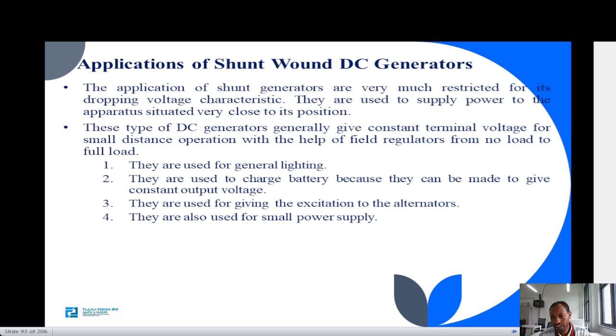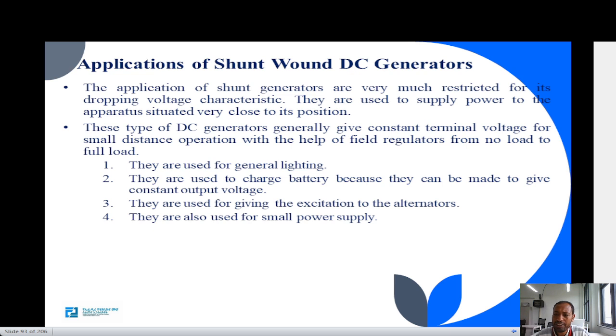This type of generator generally gives constant terminal voltage for smaller distance operation with the help of field regulation from no load to full load. It is very good at supplying constant voltage if properly controlled. Shunt DC generators can be applied to general lighting for closer positions.